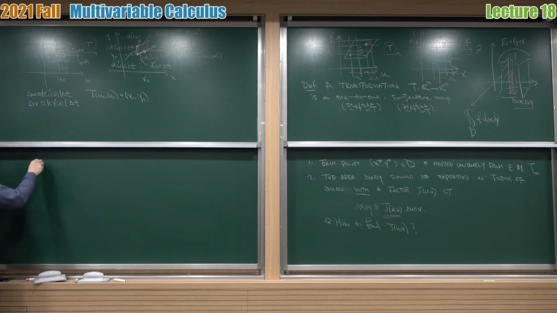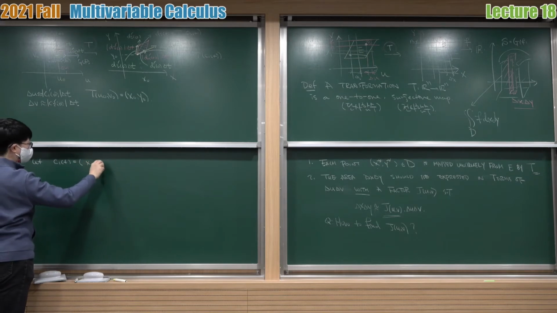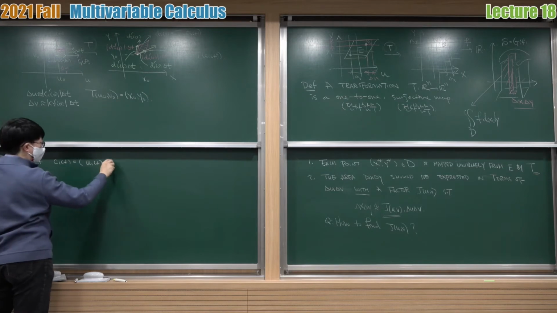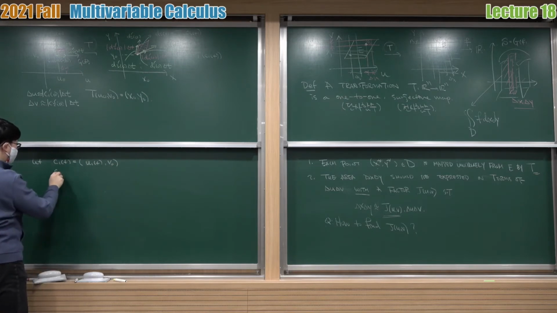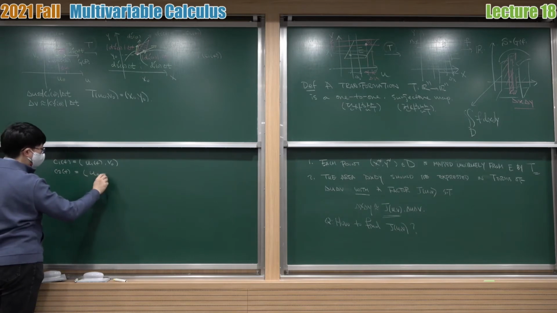Let's say C1(t) is fixed on the v coordinate, so it's u1(t), v0, and C2(t) is u0, v2(t).